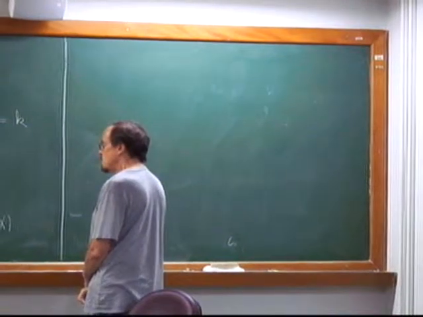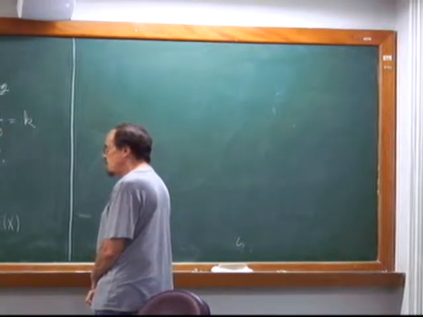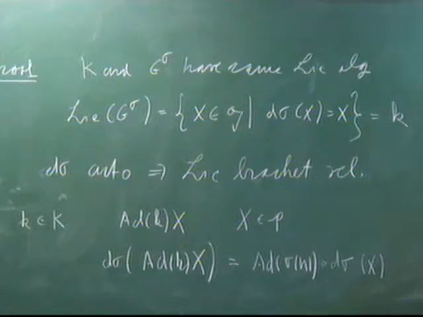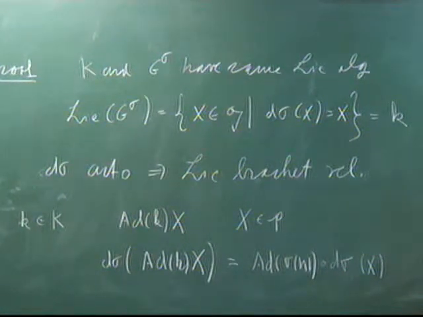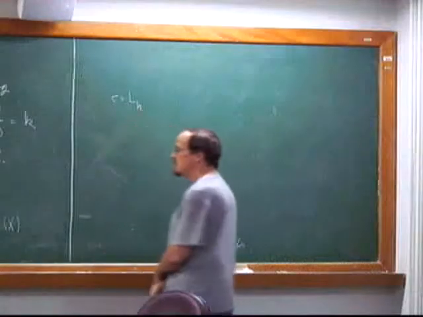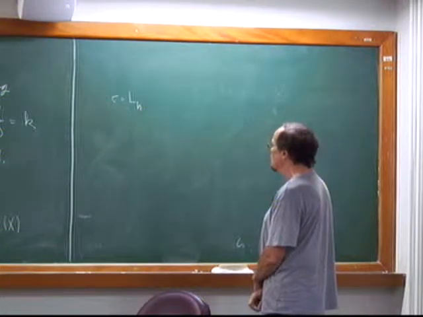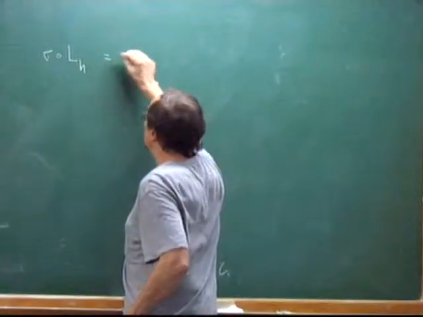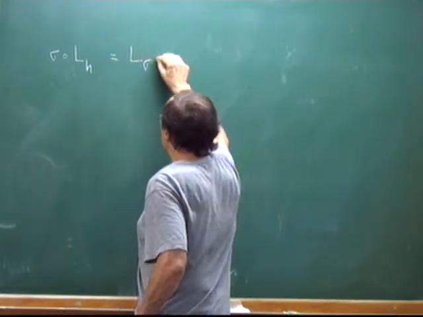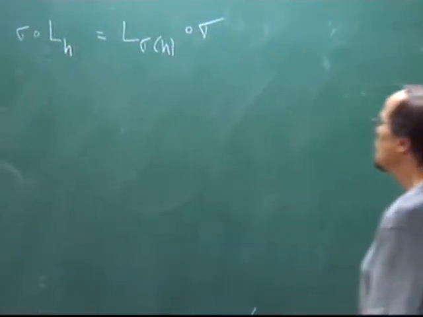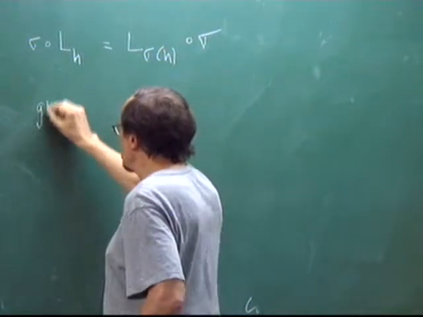So on the group level, what is this? Ad H is the derivative of the left translation, after all, that was the isotropy, right? So what is that? I think it's L sigma H composed with sigma. Right, so let's apply this to gH.